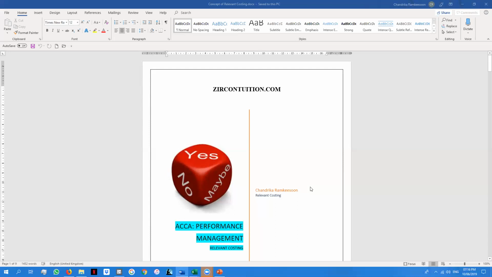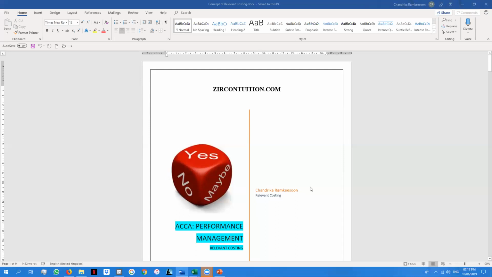It must give rise to cash flows. It must be affected by the decision, and it must be a future cost. And this is something that we will see as we go through. So that, in a nutshell, is what relevant costing is about. Those three characteristics must always be there.